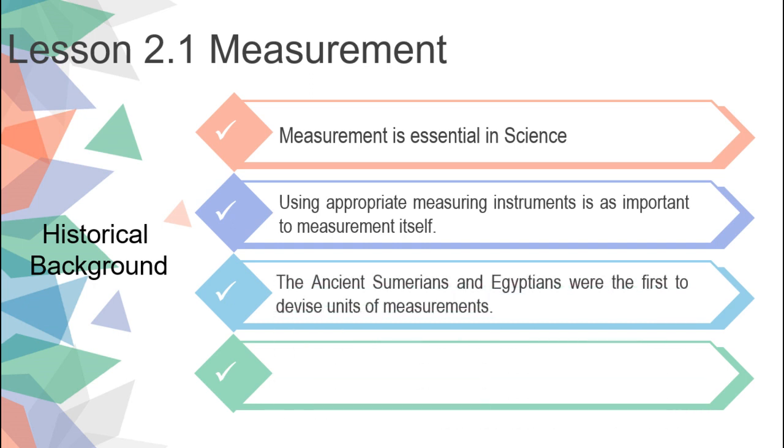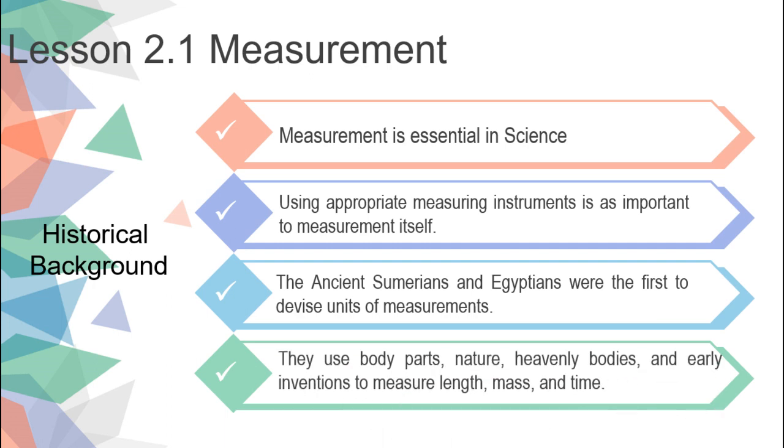The earliest known group of people that used units of measurement are the ancient Sumerians and the Egyptians. So they were the first to devise units of measurement. In what way? These groups of people used body parts, nature, heavenly bodies, and early inventions to measure length, mass, and time.